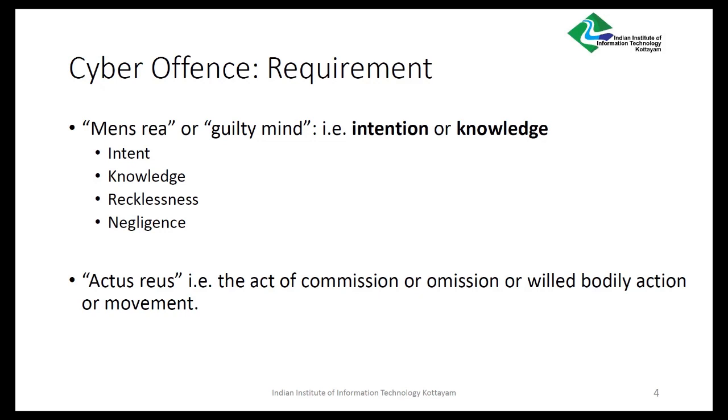Now, the least severe one would be negligence. In order to prove negligence, the prosecution has to show that he or she failed to meet a reasonable standard of behavior under the circumstances.